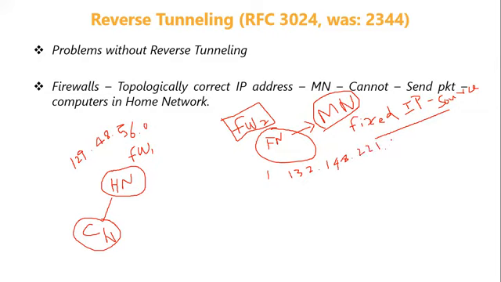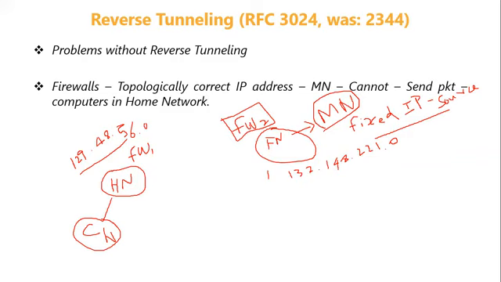Now the source IP will follow the home pattern, which is not a topologically correct IP address in the foreign network. So in the first place, this firewall won't allow that communication.